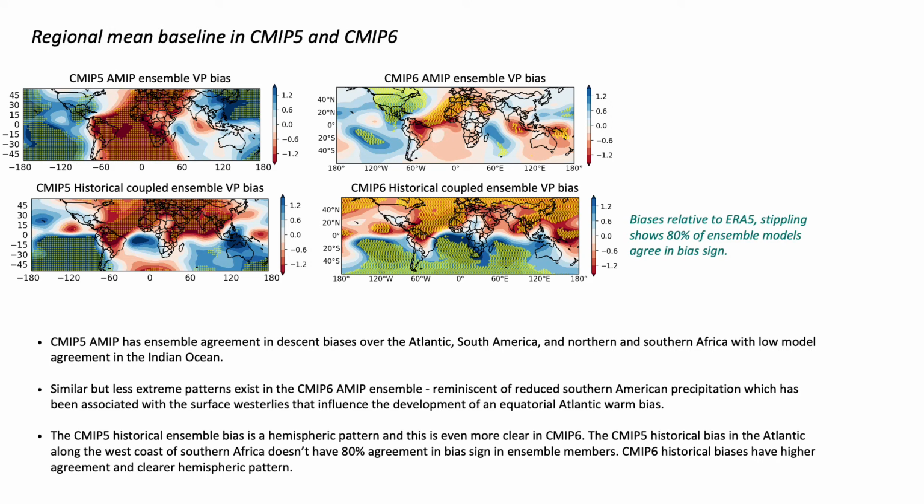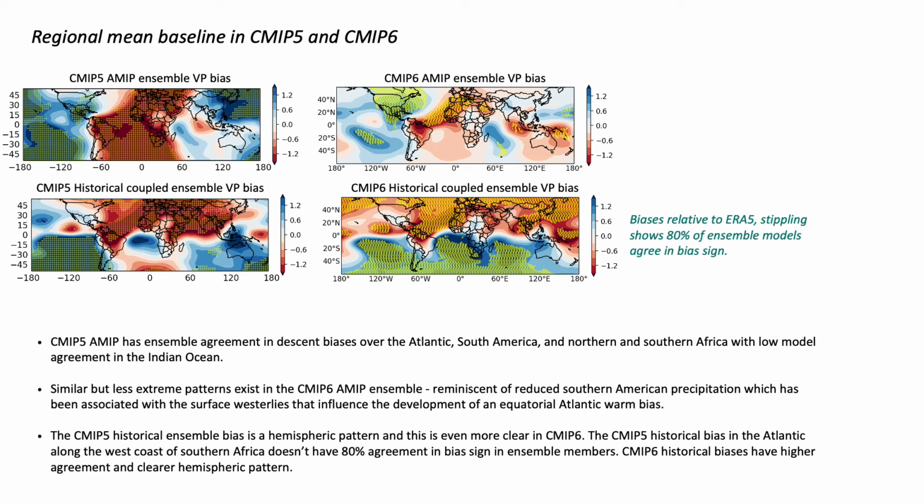So here we have the mean bias in velocity potential. I'm just going to talk about the mean biases for now, for CMIP5 on the left and CMIP6 on the right. So the CMIP5 atmosphere ensemble has pretty strong ensemble agreement in descent biases over the Atlantic and South America, and Northern and Southern Africa, but low agreement in the Indian Ocean.